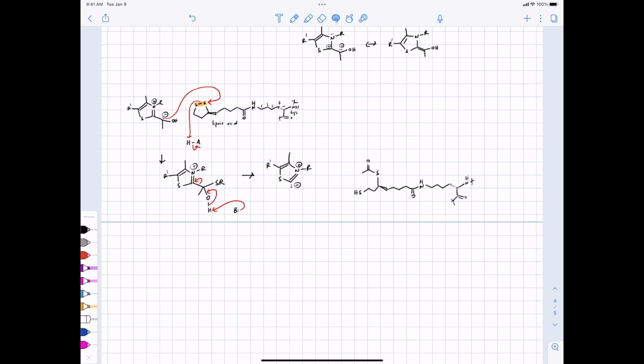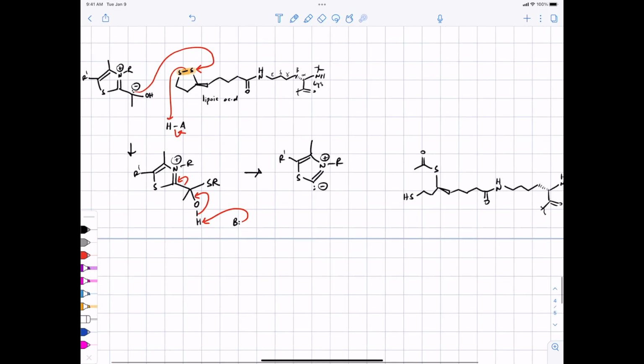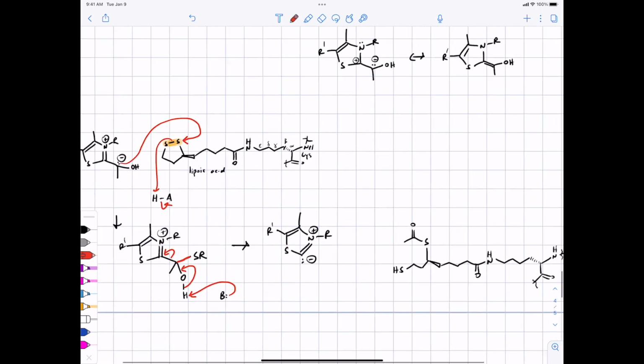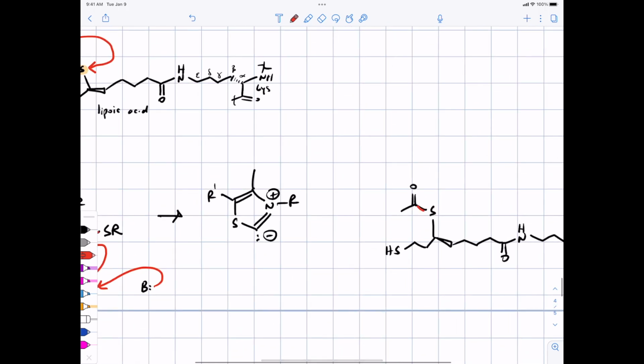All right. Questions about that mechanism? The purpose of the thiamine is to act as a place for the electrons to go after the decarboxylation. And then the electrons that are sitting on what used to be our alpha carbon act as nucleophiles to attack this disulfide. And that new bond that we just made is still present in our thioester product.